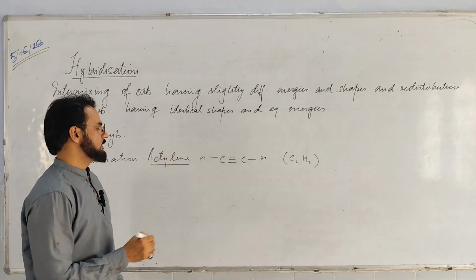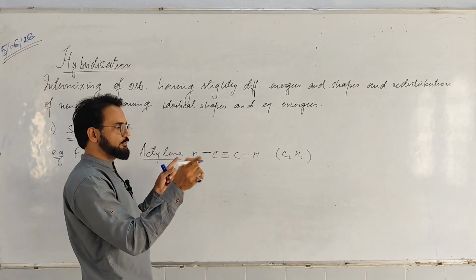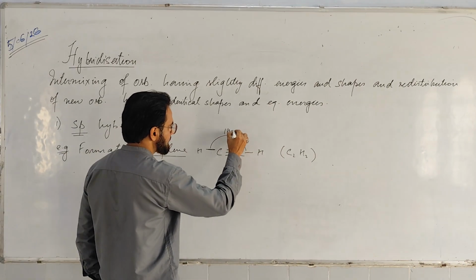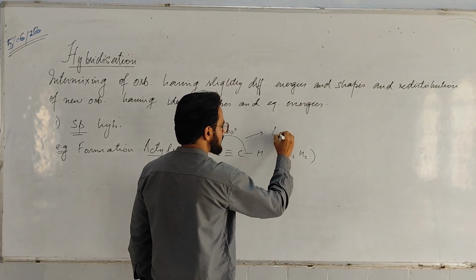Here you can see the hybrid orbitals are on opposite sides at an angle of 180 degrees. So the geometry is linear.